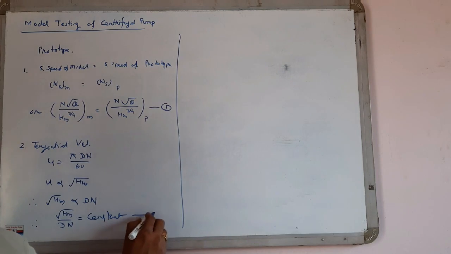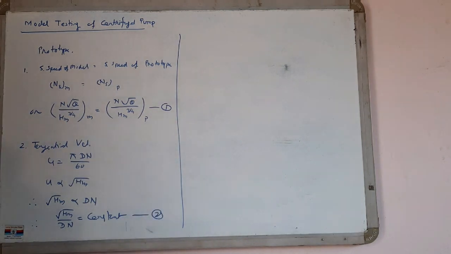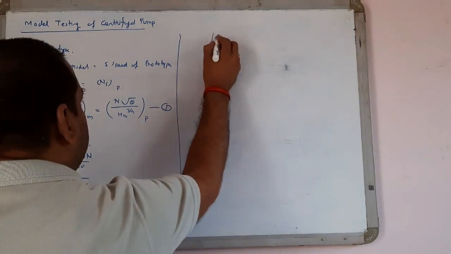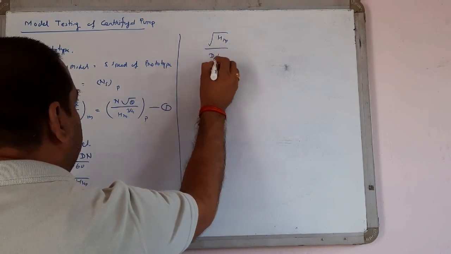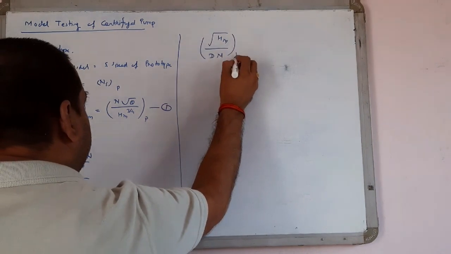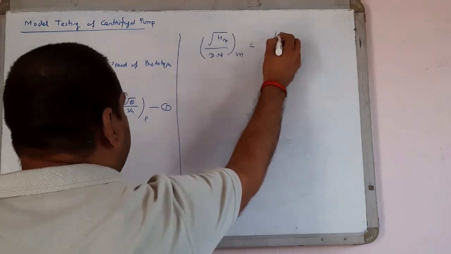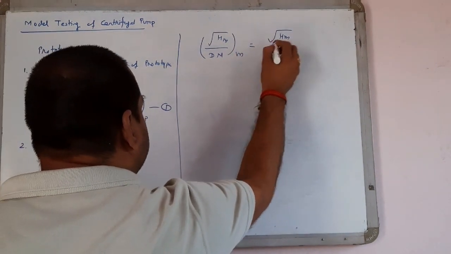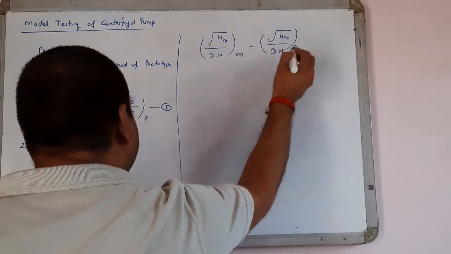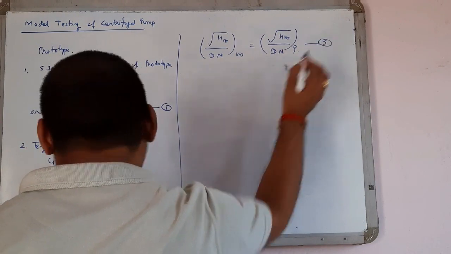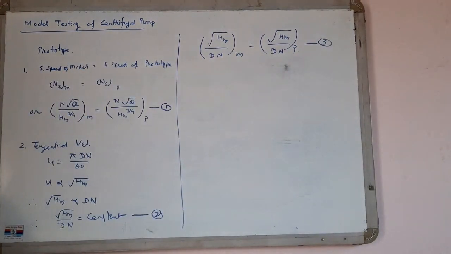This is the second equation. Or root Hm by D N of model equals root Hm by D N of prototype. This is equation third.